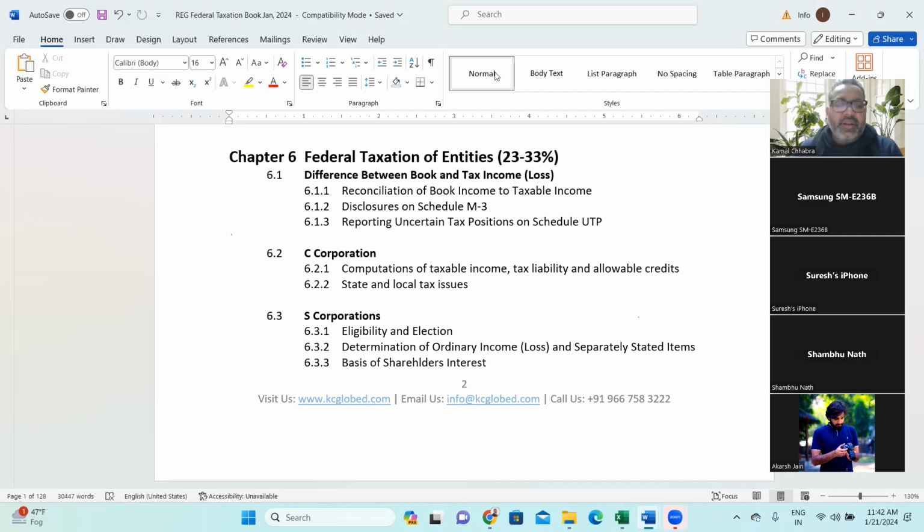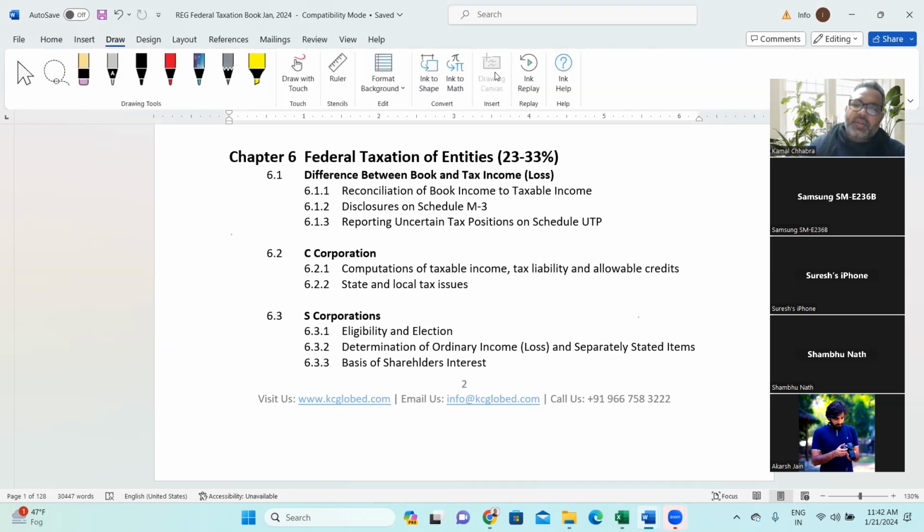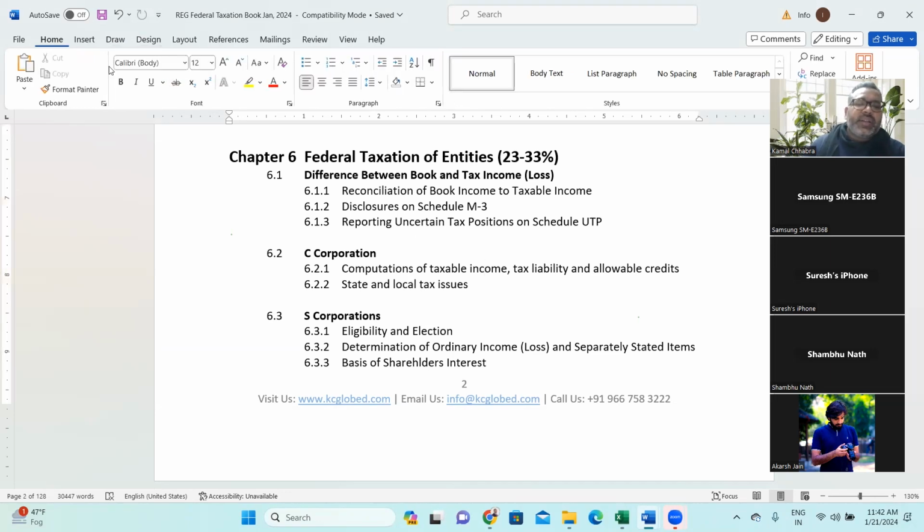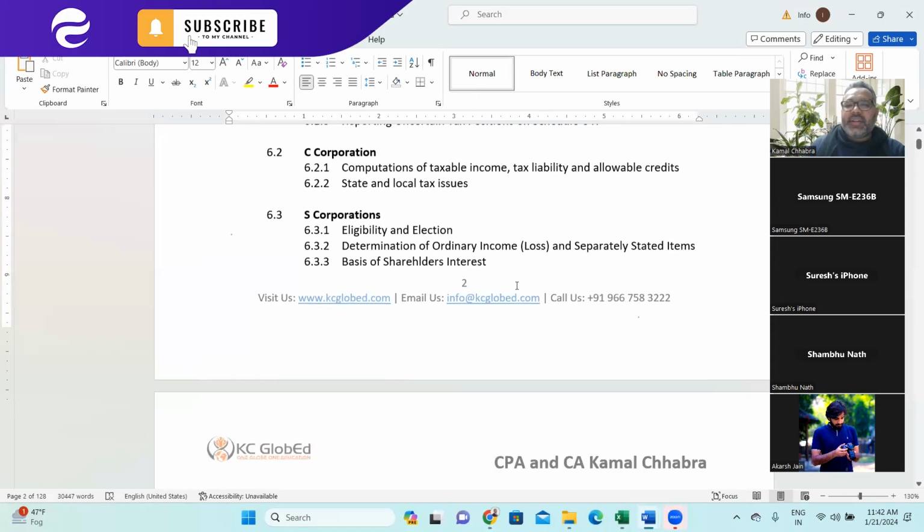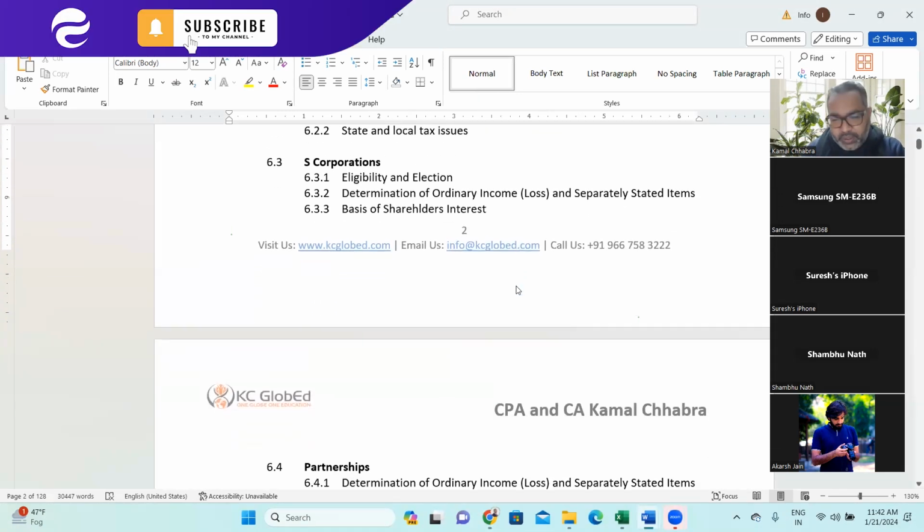And the next one is the S corporation, which is for small businesses, right? First we'll understand who is eligible to consider themselves a small organization, how the election criteria are fulfilled, and what you need to do to elect yourself as a pass-through entity or to be taxed as a C corporation. Both options are available in the IRC, the Internal Revenue Code.